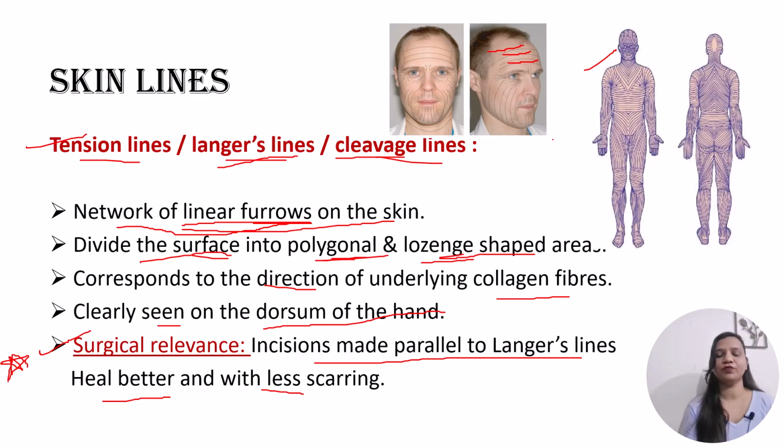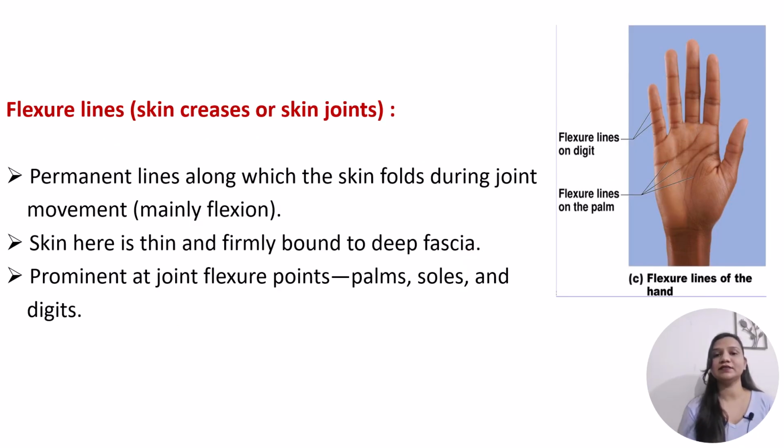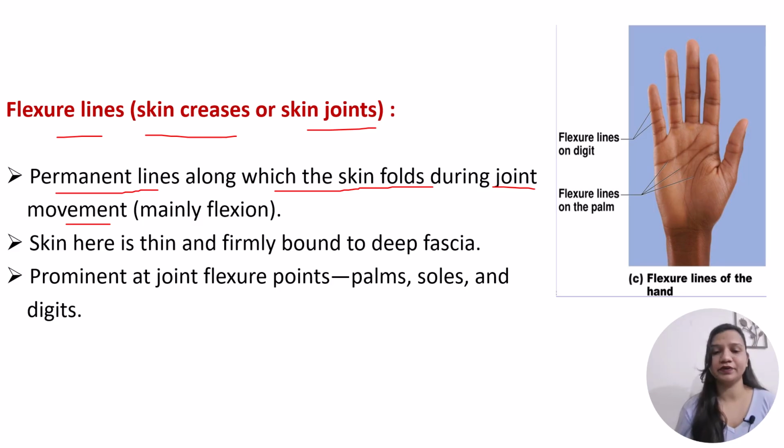Okay, moving on. Next is the flexure lines. These are also called skin creases or skin joints. So what are these lines? These are the permanent lines along which the skin folds during joint movement. Let's understand it with an example.